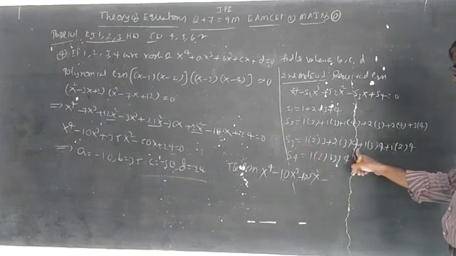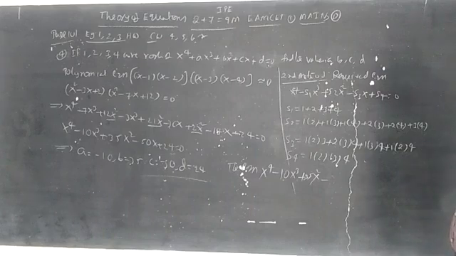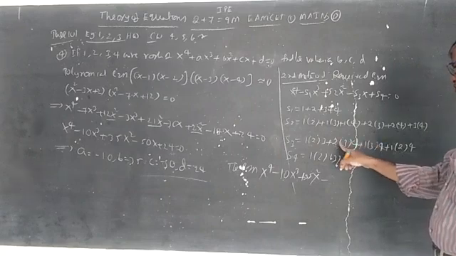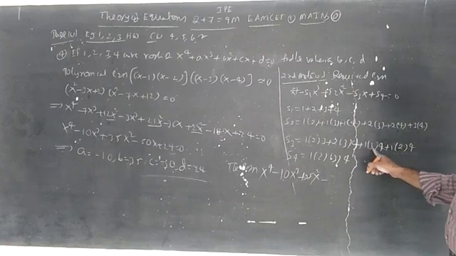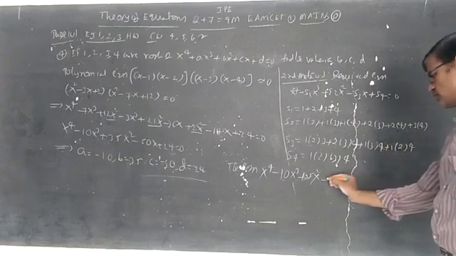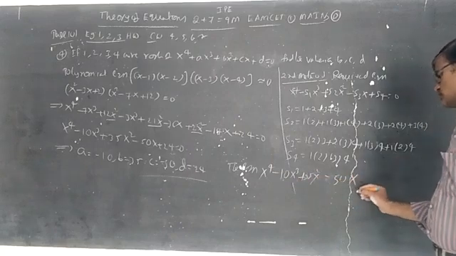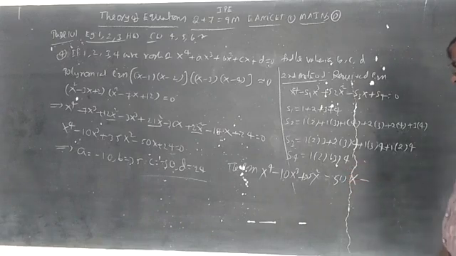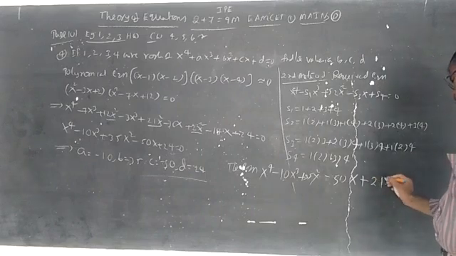Then 6 plus 12, 18, 18 plus 12, 30, 30 plus 12, 42 plus 8, 50. It is minus 50x. Next the last term, 1 into 2 into 3 into 4: minus into minus is plus, 2 3s are 6, 6 4s 24, equal to 0.